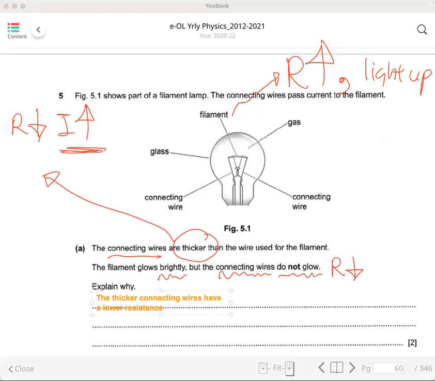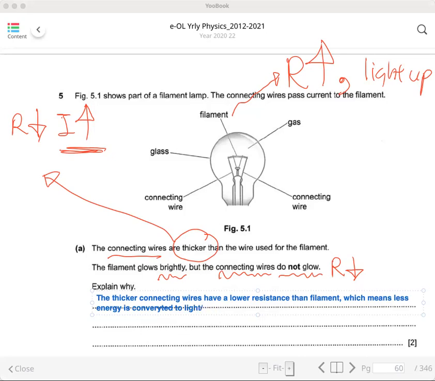Let me change the color. Then the filament, which means less energy is converted to light energy.